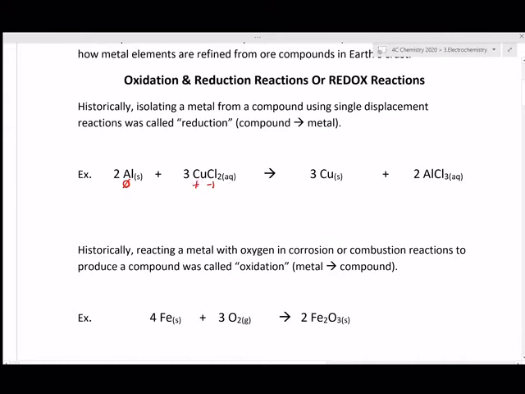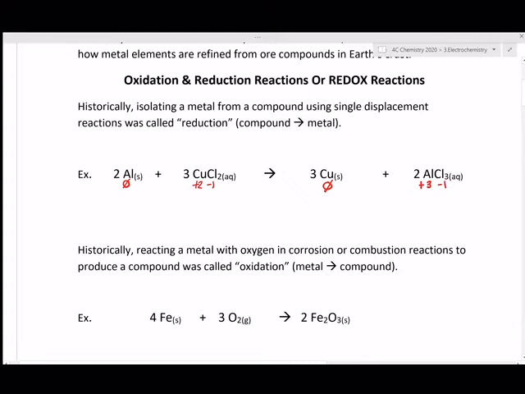But you can tell that it must be +2. You can also do reverse crisscross to figure these out if it's ionic. Okay, so you're just figuring out the charge. Here, copper is 0. And here, again, we could do reverse crisscross and realize that aluminum is +3, plus it's monoatomic, so you can just look that up. Chlorine has to be -1 for this molecule to add up to 0.